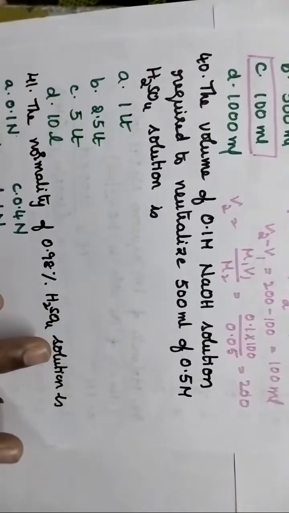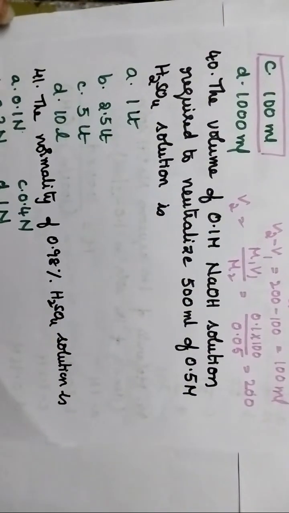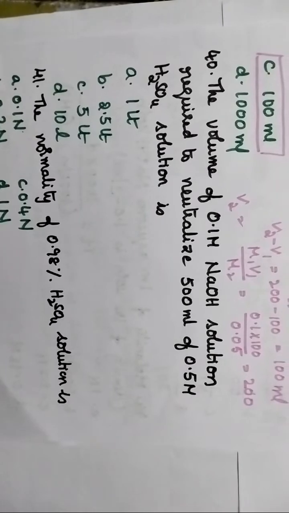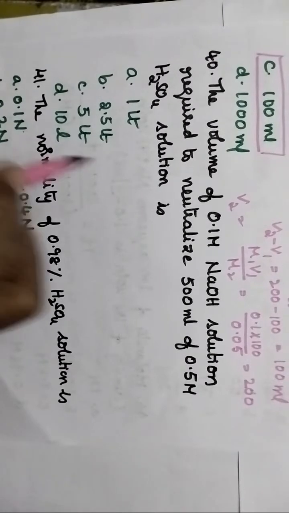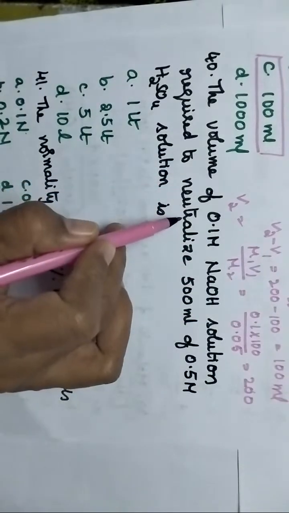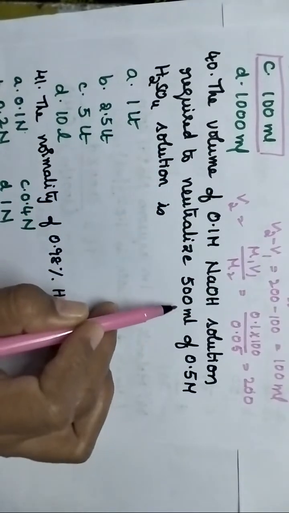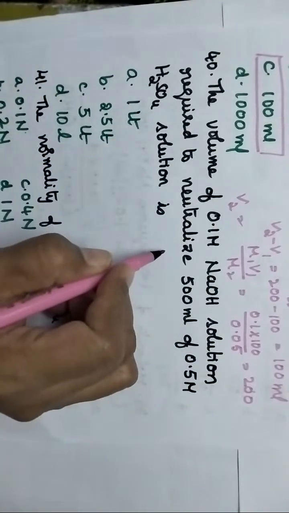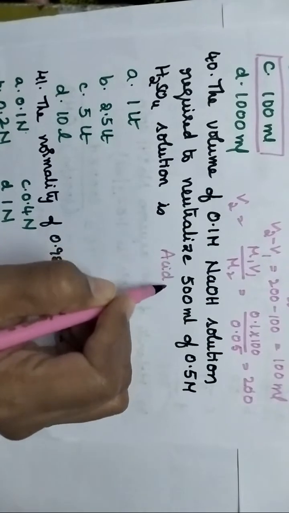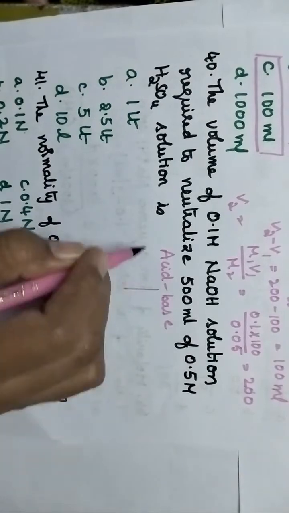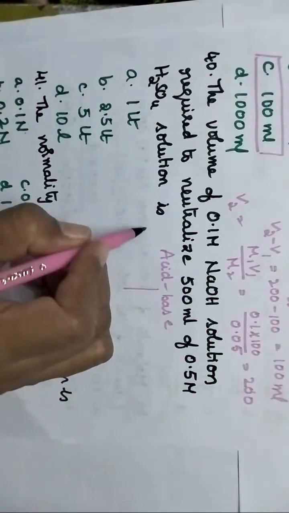Next, moving to the next question. The volume of 0.1 molar NaOH solution required to neutralize 500 ml of 0.5 molar sulfuric acid. Remember, it is an acid-base titration. What is the data of an acid?